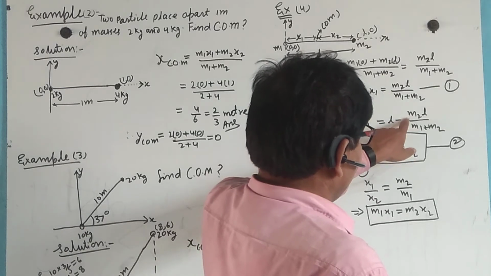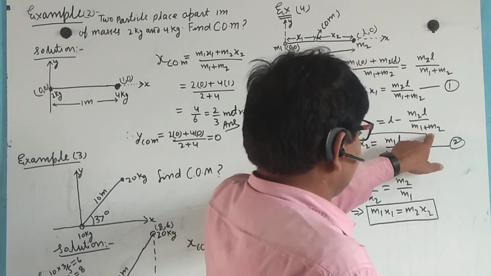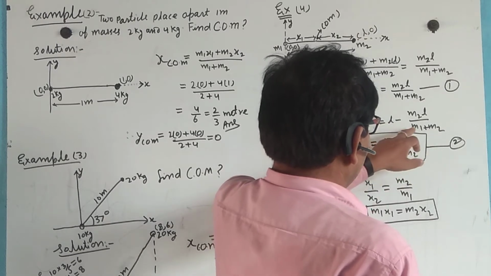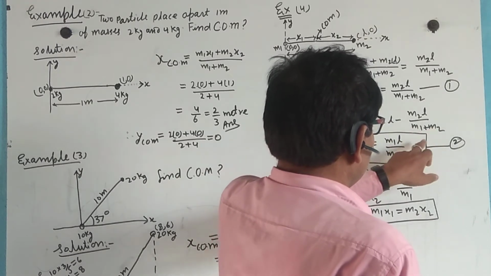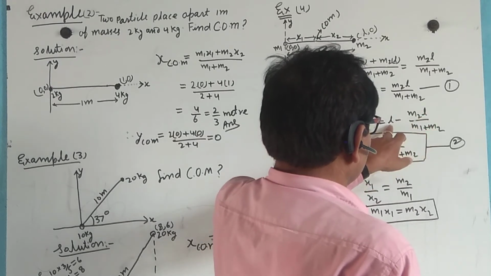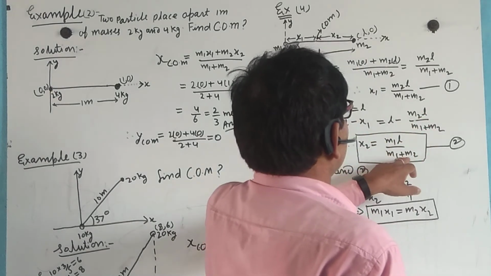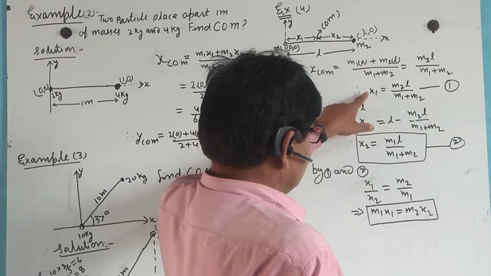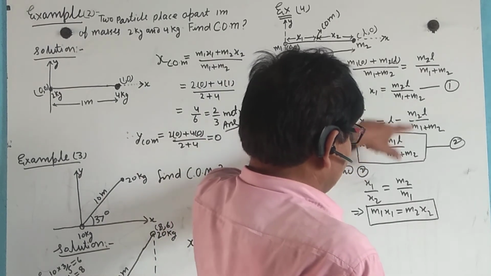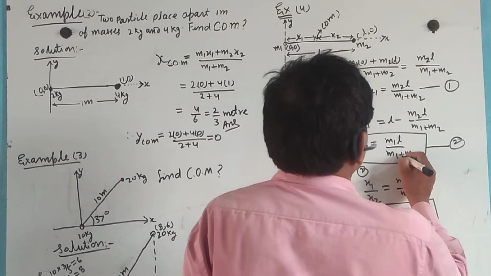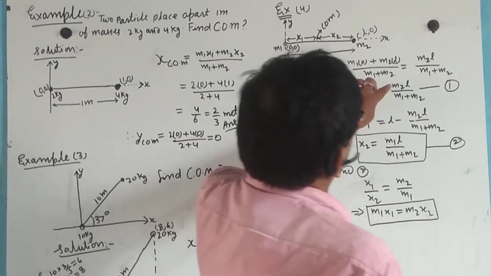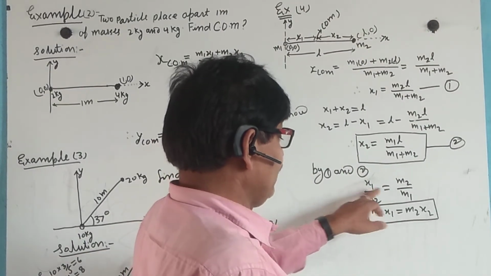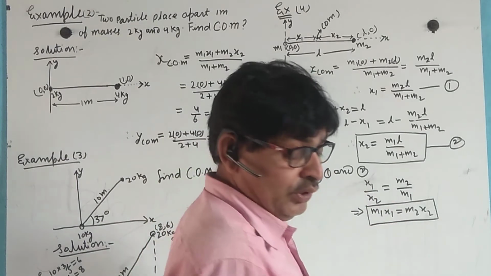Putting the value of x1, M2 L divided by M1 plus M2, x2 is equal to M1 L divided by M1 plus M2, since M2 L and M2 L cancel. Dividing equation 1 by 2, x1 by x2 equal to M2 by M1, as M1 plus M2 cancels. Cross multiplication gives M1 x1 equal to M2 x2.